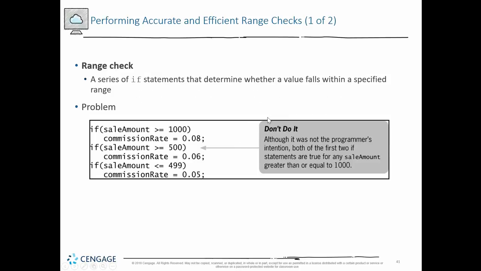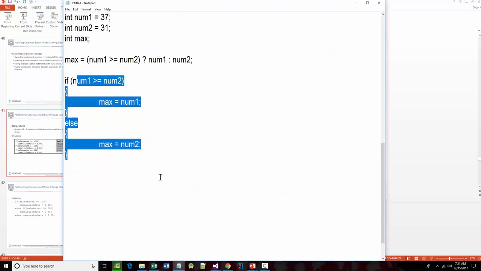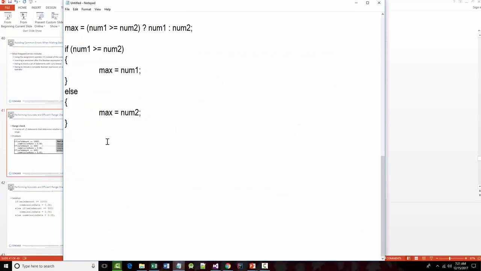All right, range checks. If I want to check to see if something falls within range, let's assume that if you're a child, we're going to assume here a child is between 1 and 12.